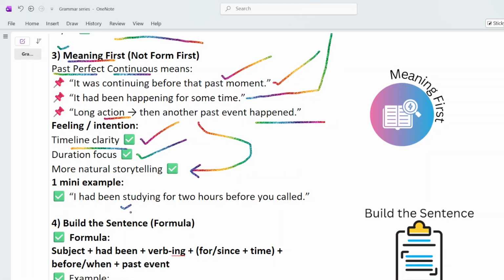He's doing a particular action, and the verb, that is study, obviously is in the ing form. So continuous action. So I had been studying for 2 hours. It's not yet completed, but there is a person who actually called this particular person who's studying, and it has been interrupted.